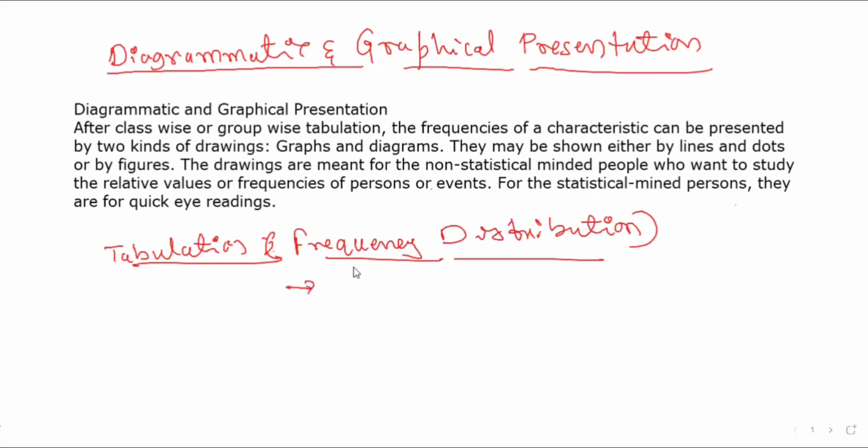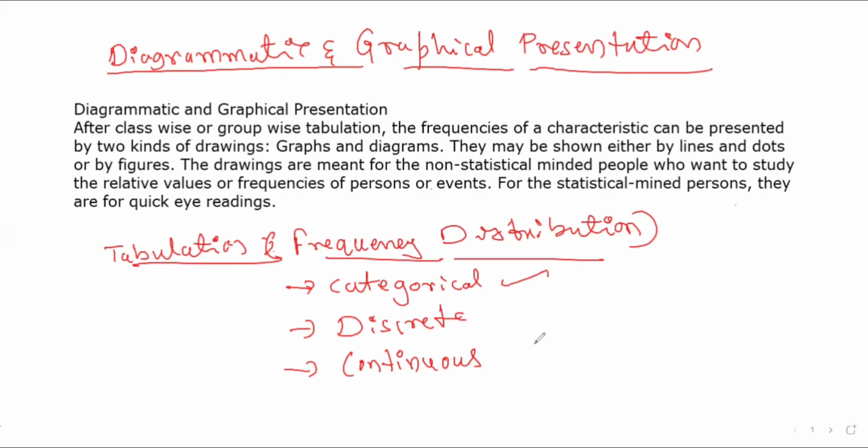Likewise, here we have three types of frequency distribution. One is categorical frequency distribution. One more, we have discrete frequency distribution. Then we have continuous frequency distribution, right? Categorical is used to represent the different categories of the data.